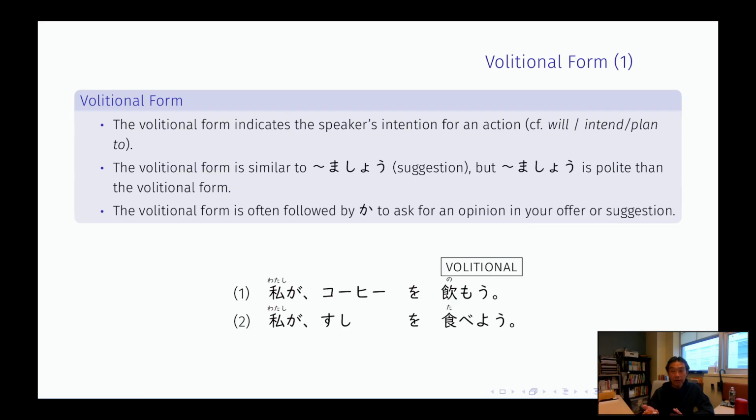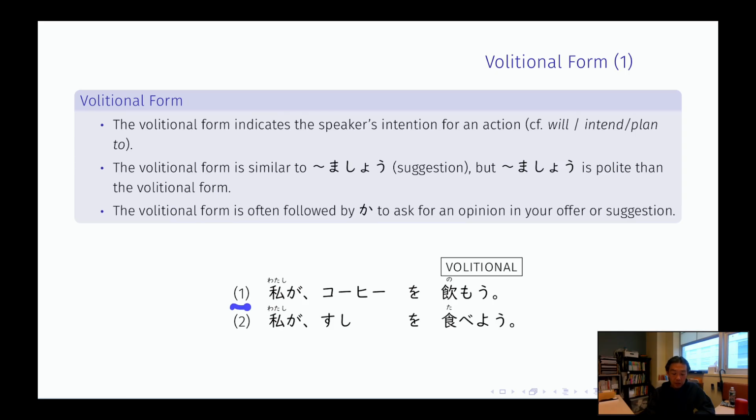So let's do it together. 食べましょう is let's eat together, or 飲みましょう is let's drink together. The tiny difference is the volitional form just implies your intention only. So it's not really suggestion. But when it's used with ka, that becomes suggestion. So it's almost the same as masho.